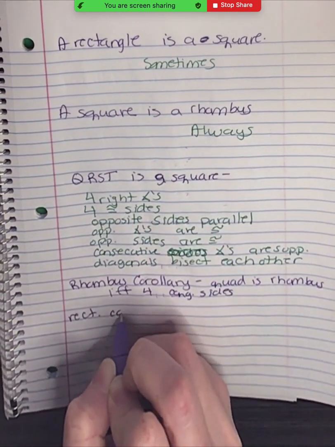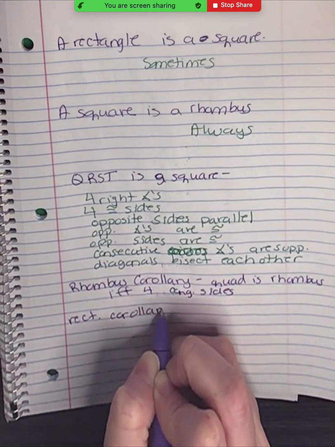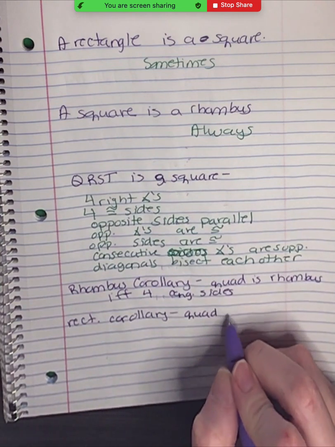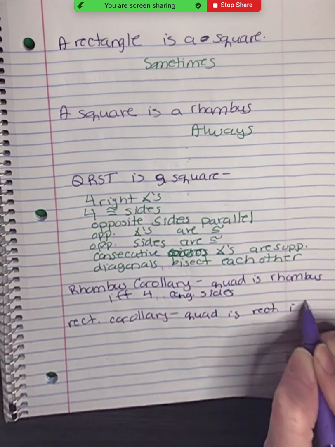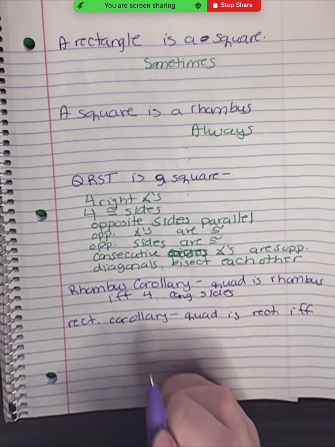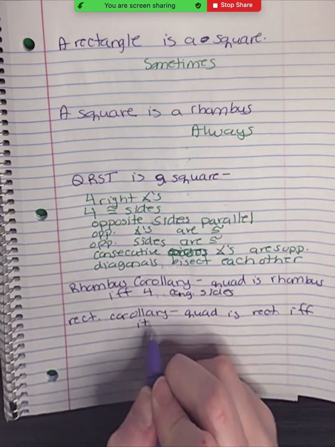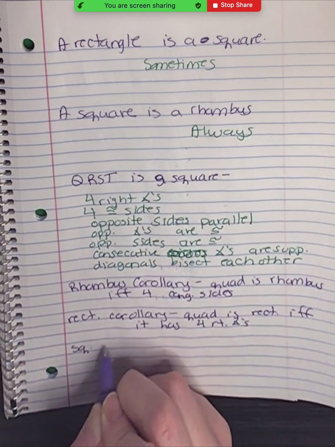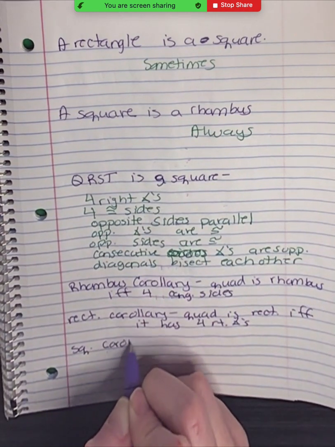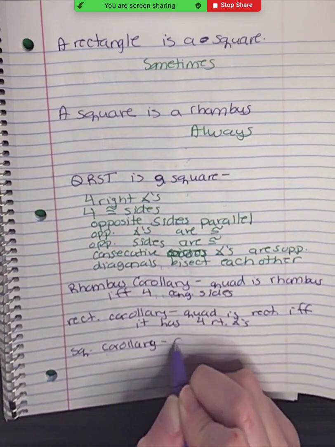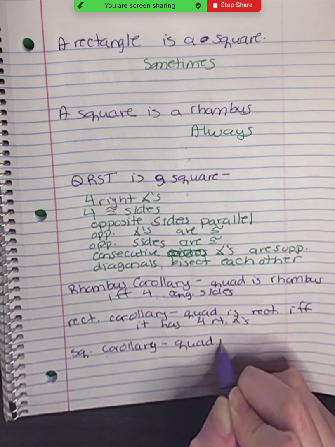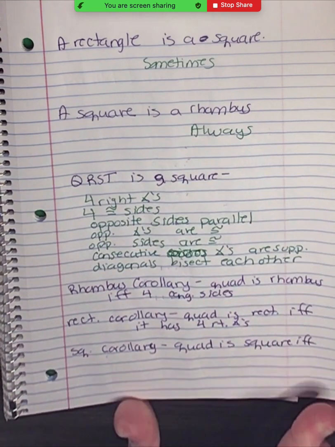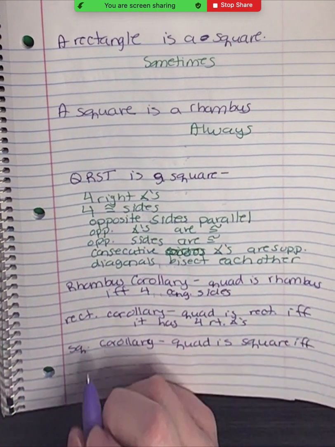The rectangle corollary tells us that a quad is a rectangle if and only if it has 4 right angles. And the square corollary tells us that a quadrilateral is a square if and only if it's a rhombus and a rectangle.